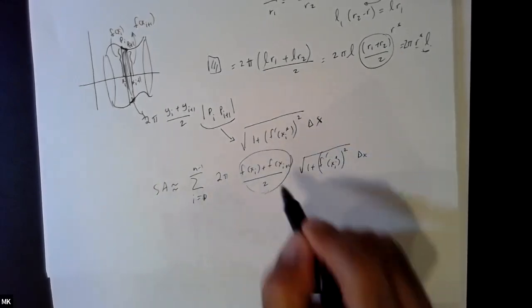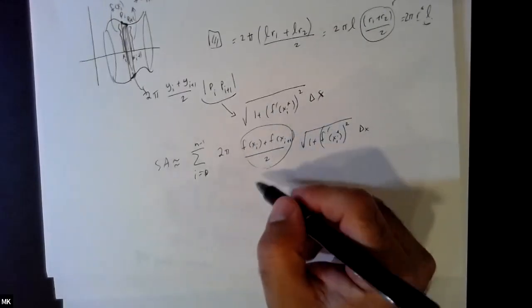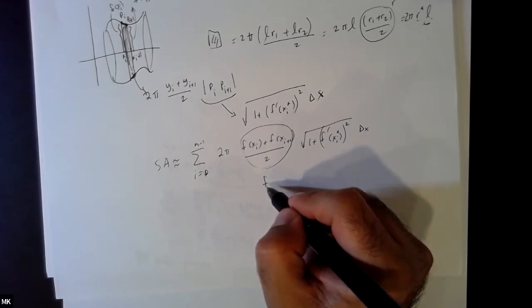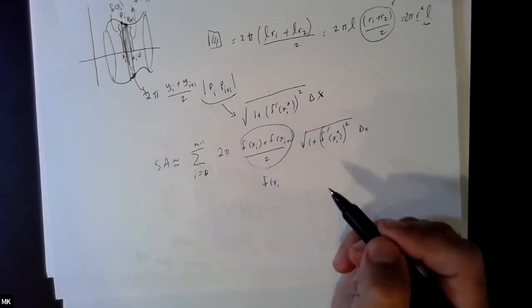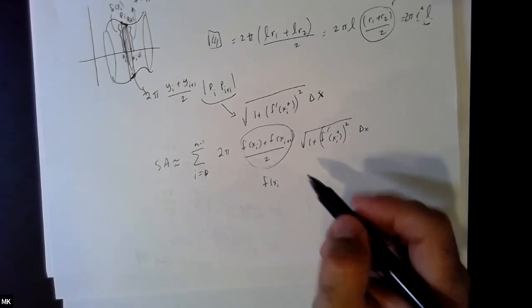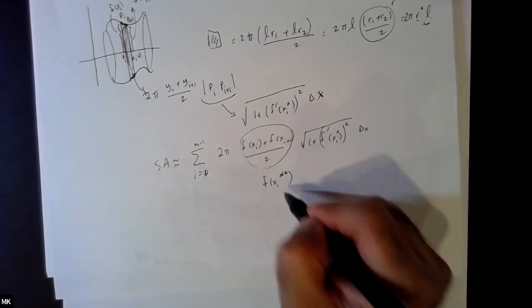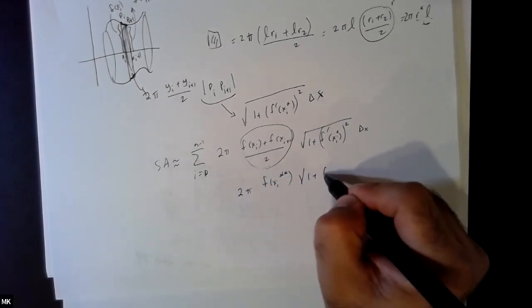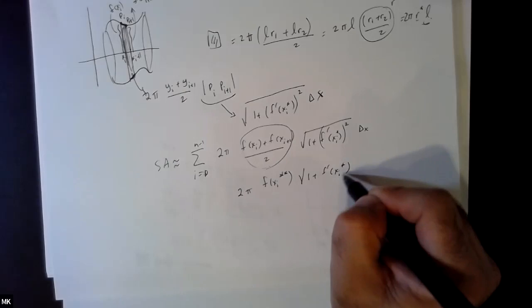This one, because it's the average of the two, we can just replace it with f of xi. Now you have to be careful here, but as the limit goes on, let's call it f of xi star maybe, times the square root of 1 plus f prime of xi star. They don't have to be the same thing.